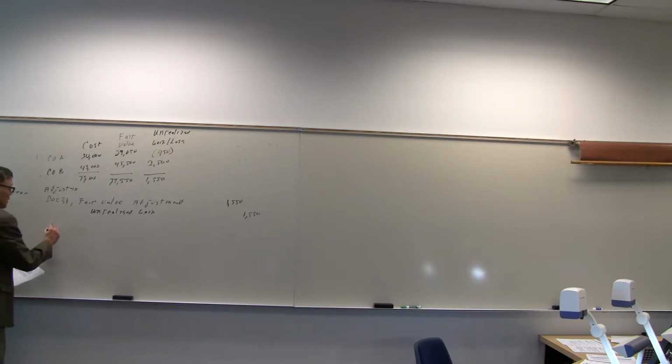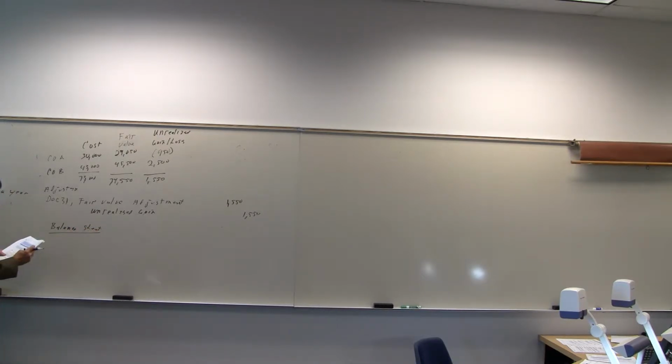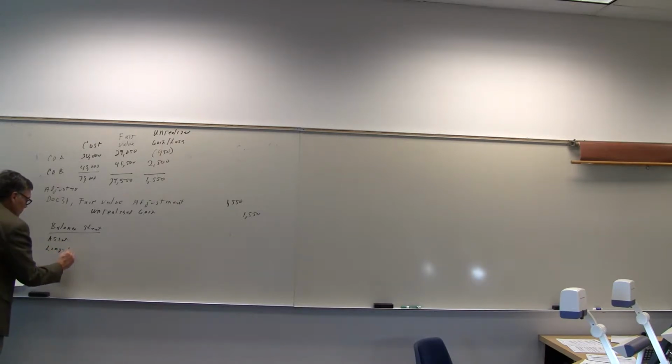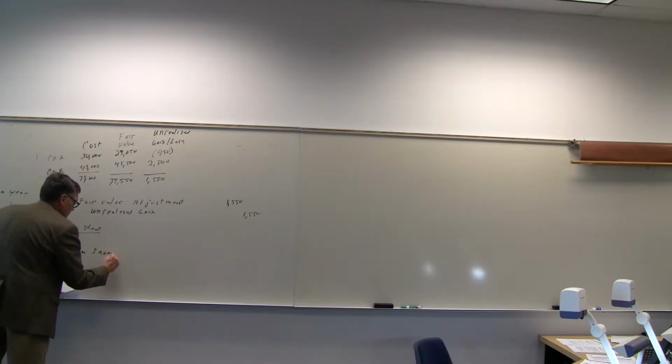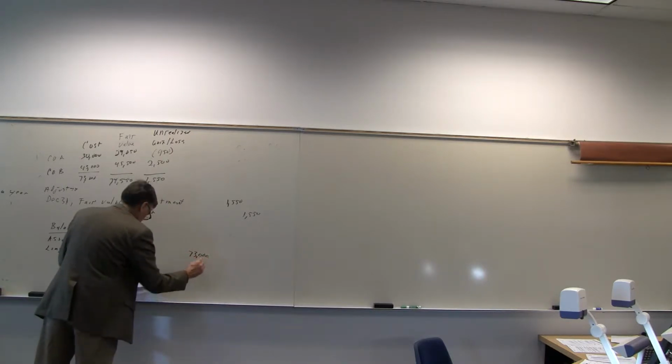So here we have the balance sheet. Okay? And we have long-term investment, and in this case, it'll be under the asset section. We'll have a long-term investment. And the cost was 73,000.